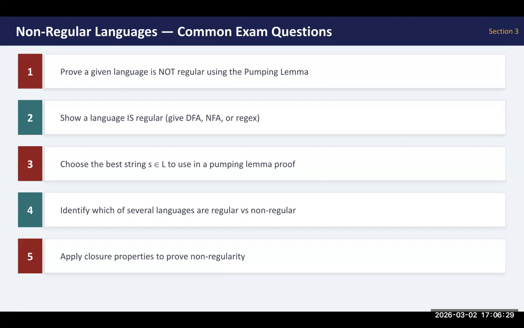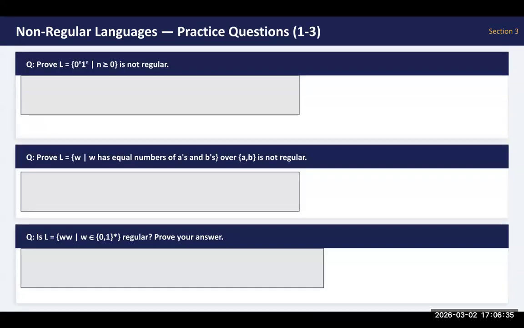Identify which of the several languages are regular versus non-regular, and then apply closure properties to prove non-regularity. So this is something that we can take a look at really quickly. It says prove L equals 0^n 1^n is not regular. So this is a pretty standard pumping lemma question.